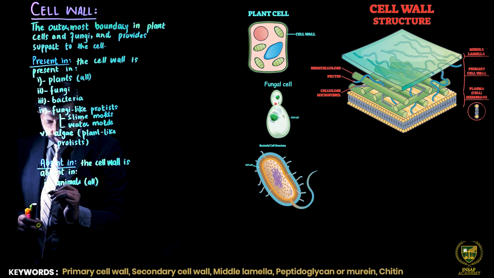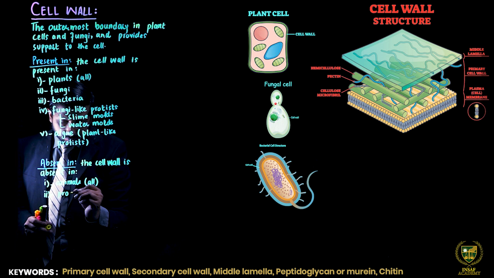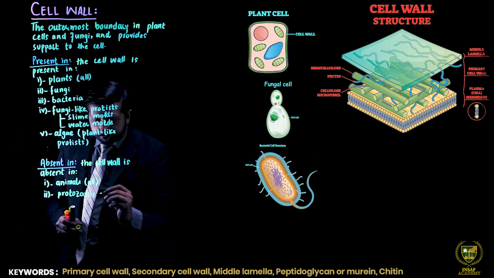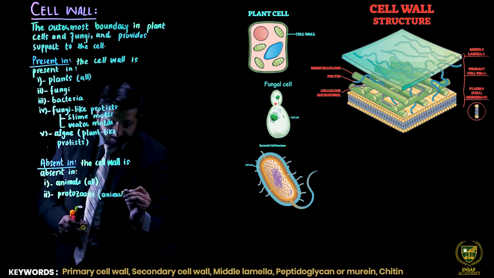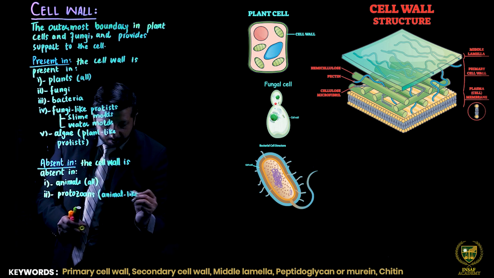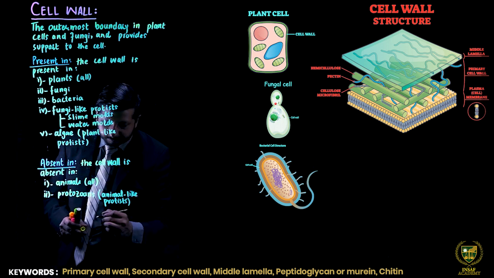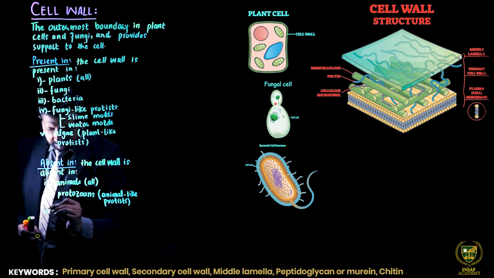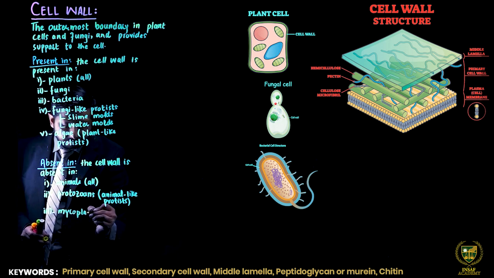Number 2, it is absent in the protozoans, which are called the animal-like protists. And number 3, the cell wall is also absent in mycoplasmas.